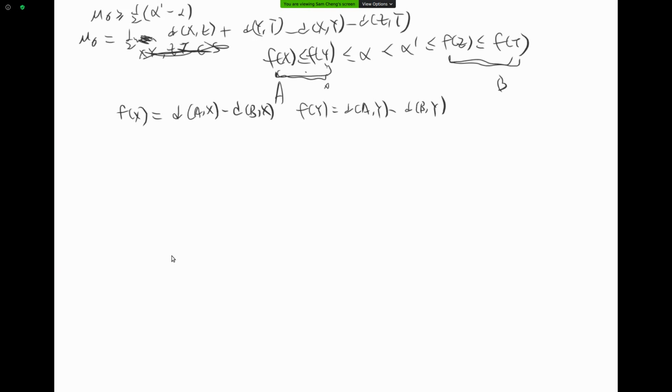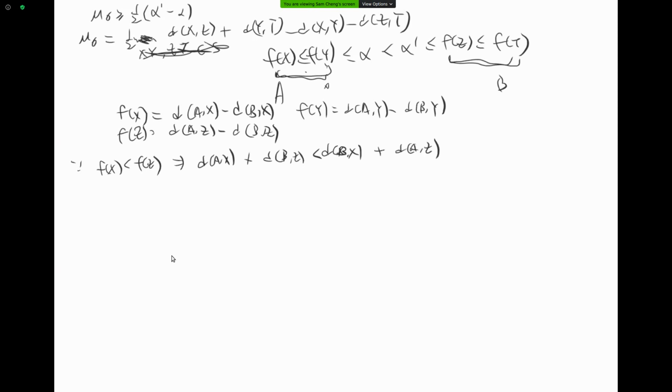Then if I write one more, fc is equal to dac minus dbz, and since fx is actually strictly less than fz here, I have dax plus dbz is less than dbx plus daz, right?